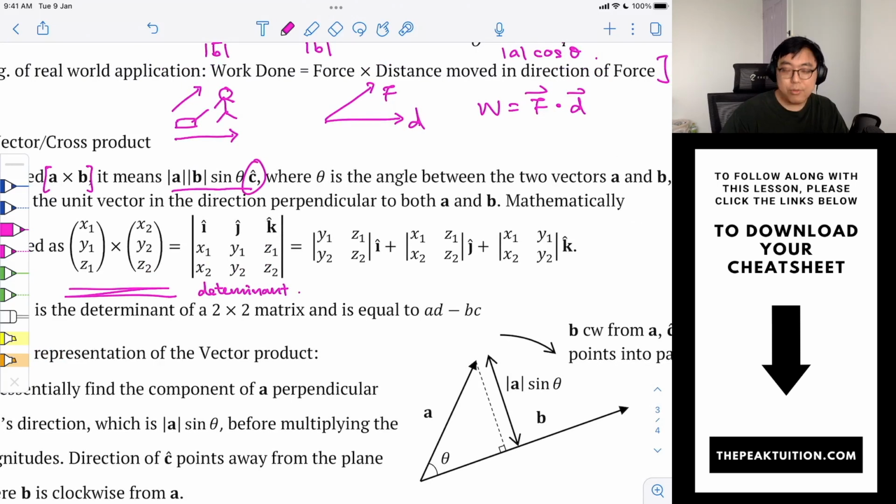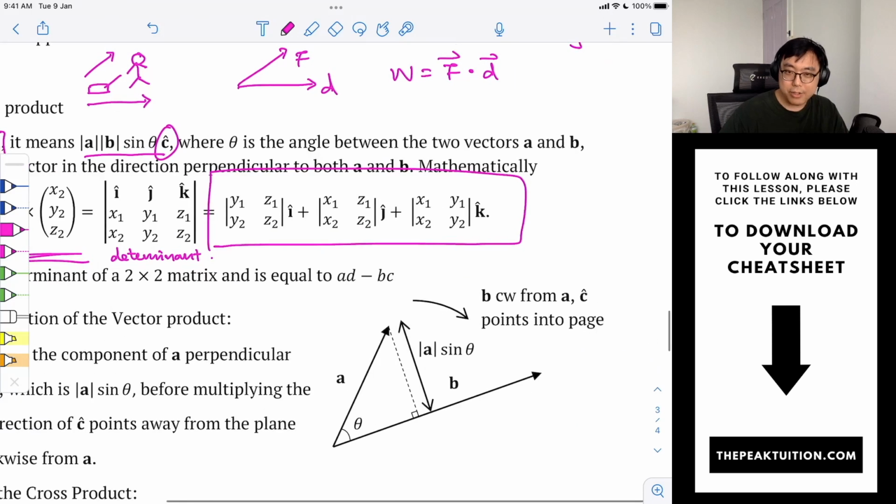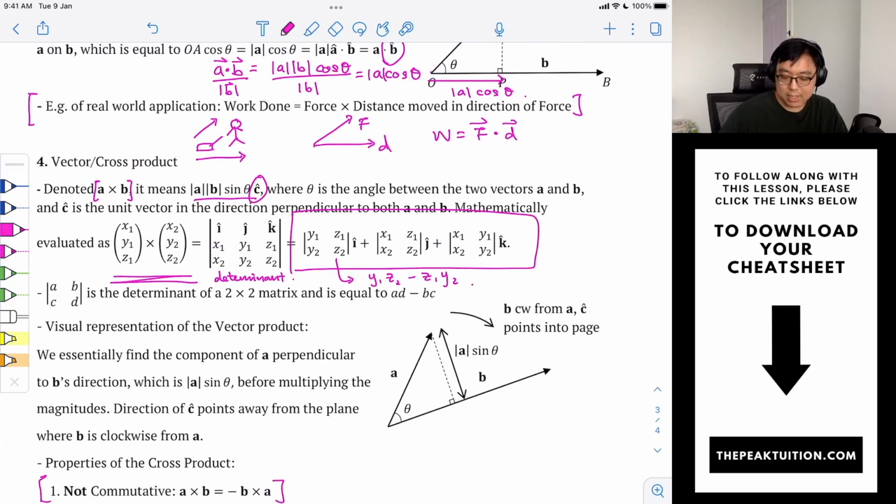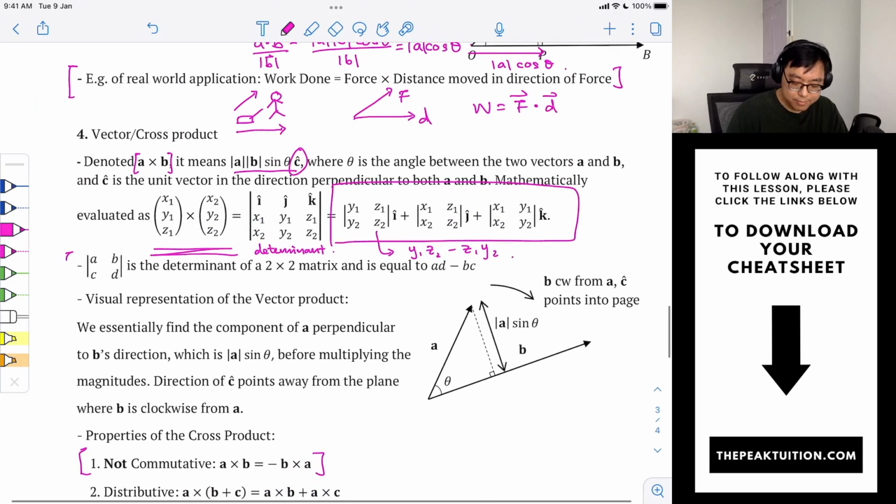And if you remember, for a three-dimensional determinant, you expand it out like this in the form of two-dimensional determinants. And for this, we get y1 z2 minus z1 y2. And this is how we calculate it. Okay, the determinant of the 2 by 2 matrix with entries a, b, c, d is equal to ad minus bc. So here, it looks very daunting and intimidating, but actually just try to remember it as much as possible.